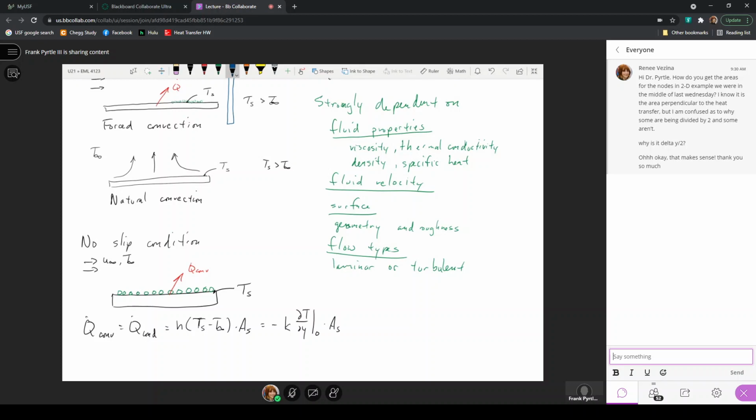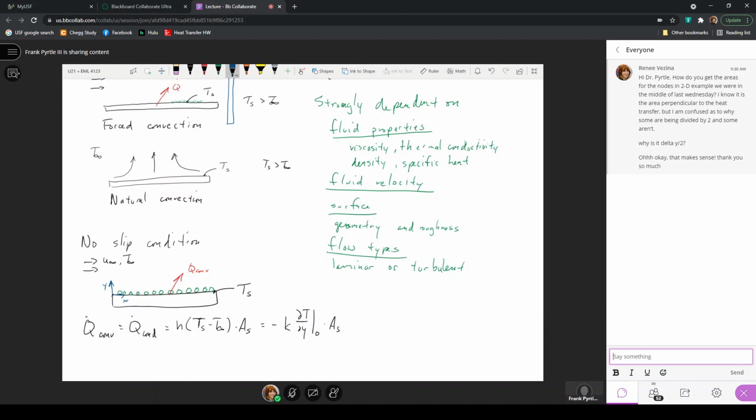So here the coordinate system is positive y from that surface in the upward direction and positive x from left to right. Now the heat transfer rate we consider to be perpendicular to the plate, so that would be in the y direction. So we're considering dT/dy at y equals 0.